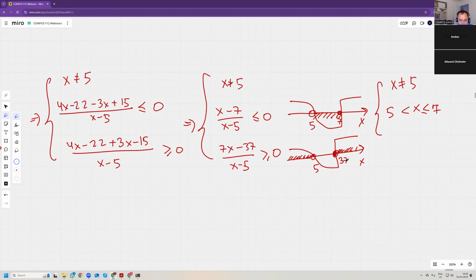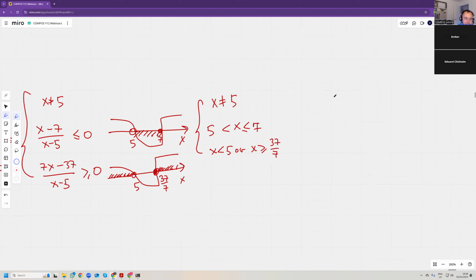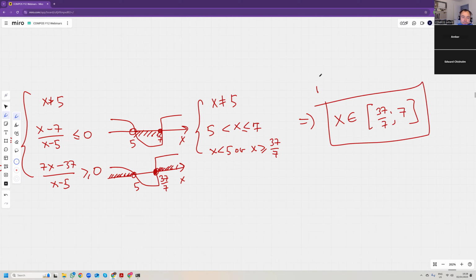And that's 37 over 7. So that means x is less than 5, or x is greater or equal to 37 over 7. And overall, that means x belongs from 37 over 7 to 7 including, and that is the answer.